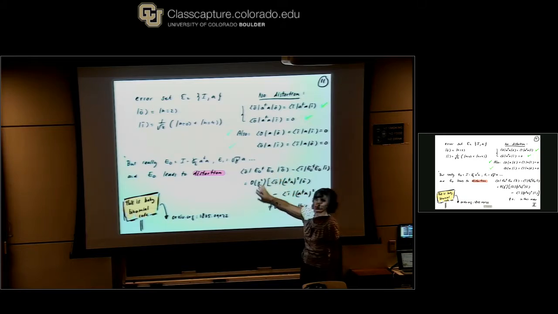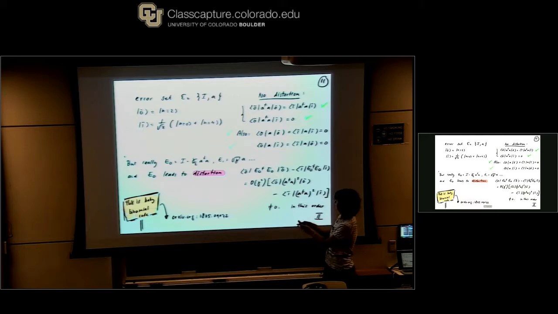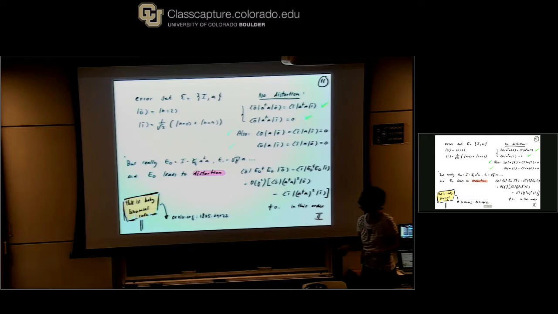The term proportional to A dagger A is also the same, because the number of photons is the same. But the expectation of the operator n squared is not the same, because there's variance. This is not a photon number state. There is some variance in the photon number. So this thing will be of order gamma squared, because it's the term that goes like A dagger A squared, and one has to look at this quantity. This is clearly 2 in this case, but it's not equal to 2 in the other case.